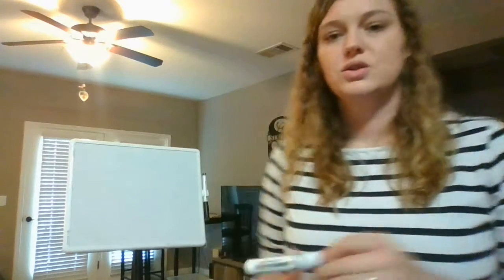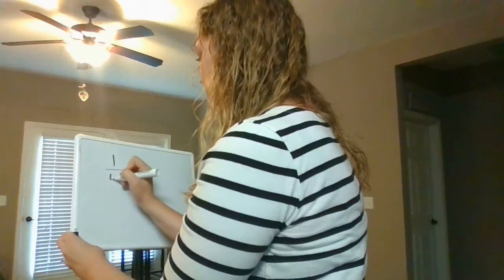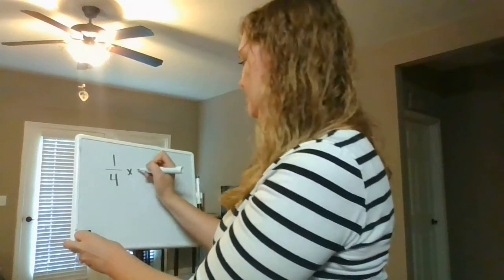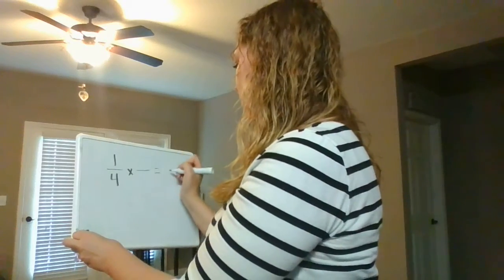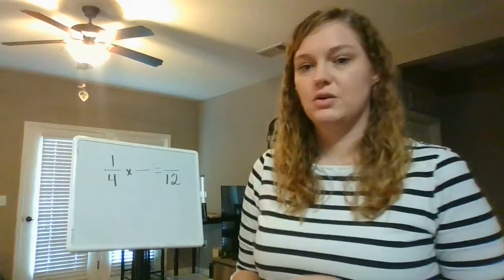Example 1 on page 726 says, find the equivalent fraction for 1/4 whose denominator is 12. So here's how I'm going to write that. We have 1/4 times something, which is going to equal a fraction with a denominator of 12.